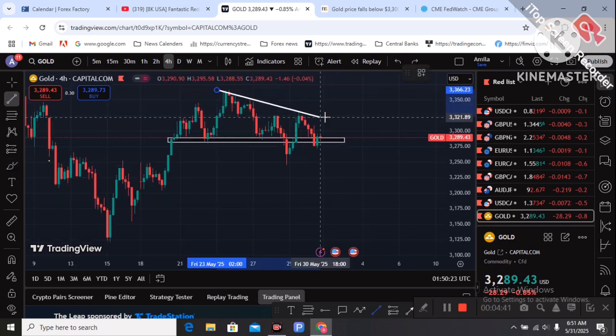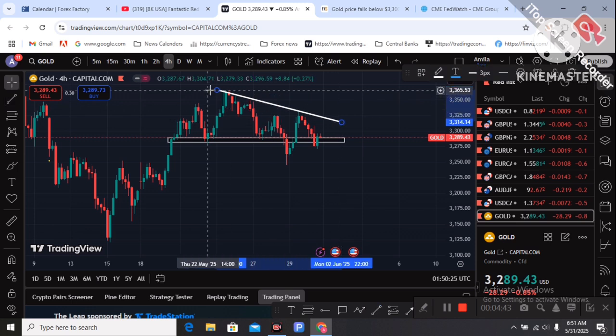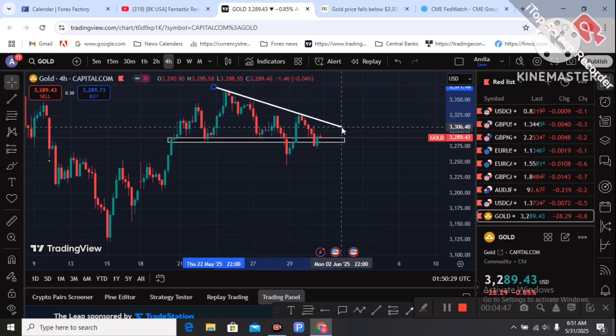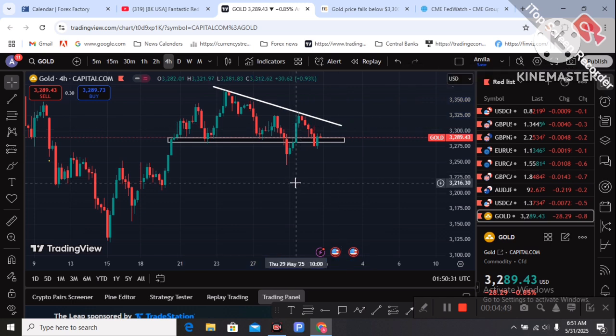This above trend line is, I think, so important. If price breaks out of this trend line and retests, that is your buy opportunity in next week's gold trading. So you should wait and carefully watch the price action. You can see price breaks out of this trend line and retests again.